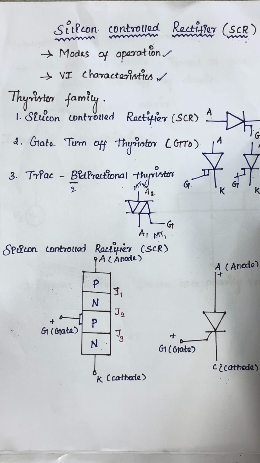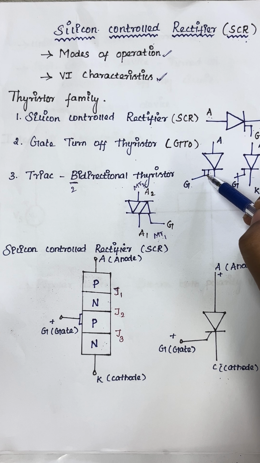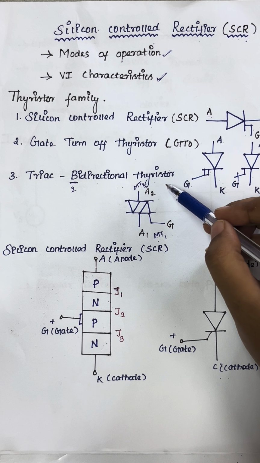You need an external circuit. But with the gate turn off thyristor, you can turn on and turn off the device using the same terminal. So it makes the device operation very simple.